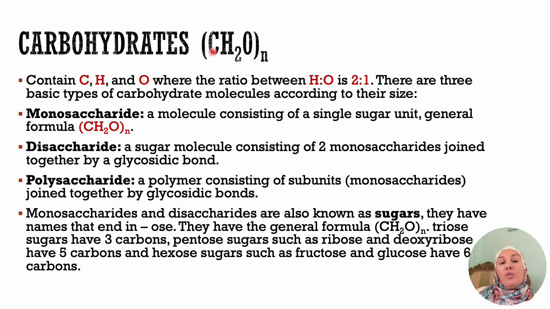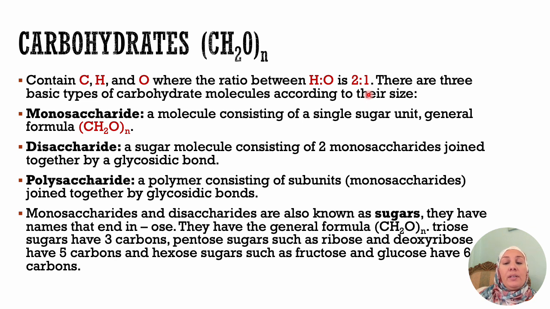And yes, the formula will contain carbon, hydrogen, and oxygen, where if we compare the ratio of hydrogen atoms to oxygen atoms in any carbohydrate molecule, we will find that they are strictly in a ratio of 2 to 1.